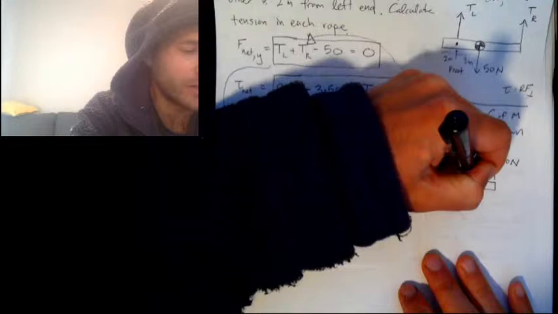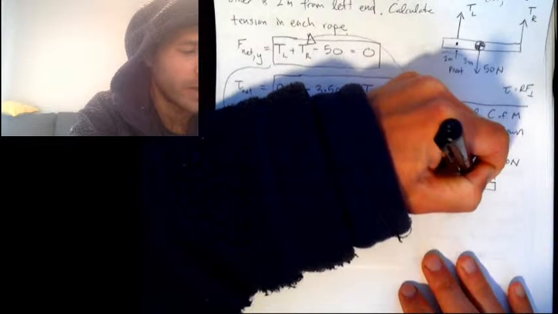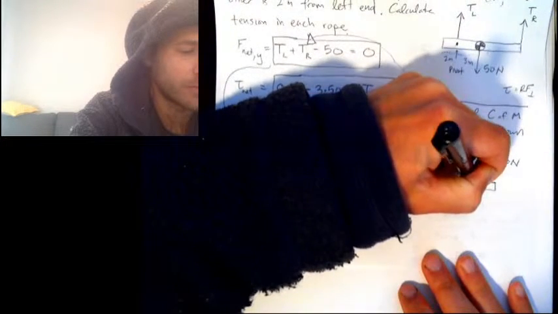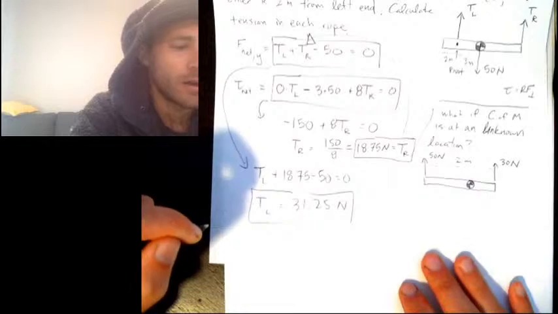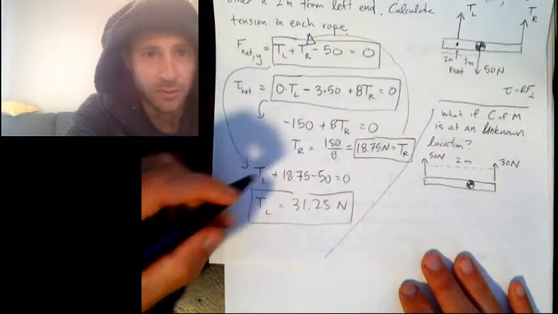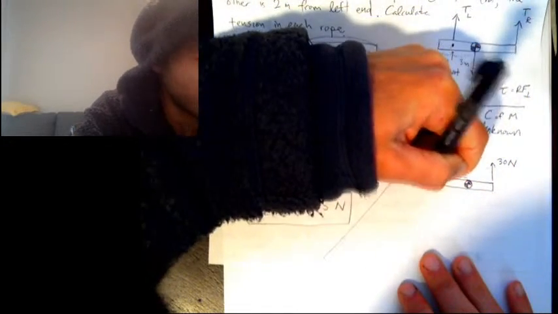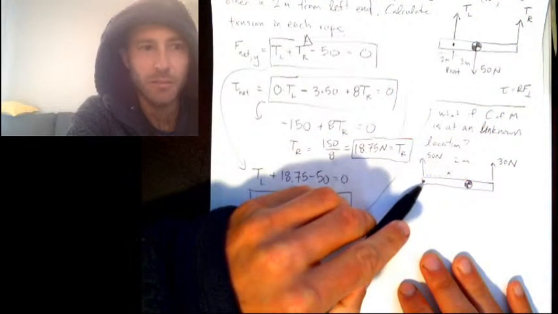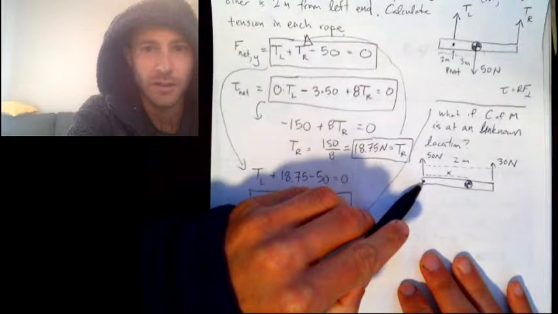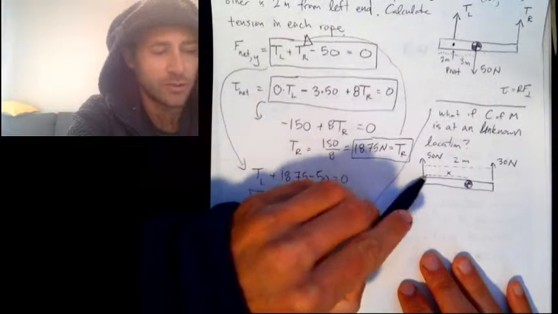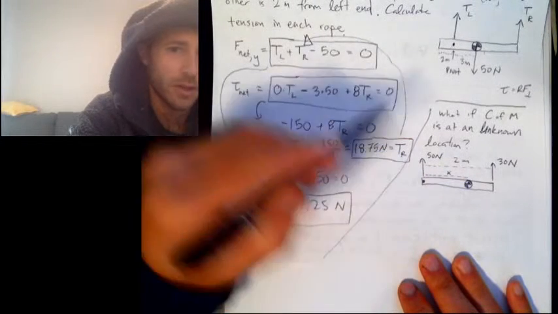So we know that there's a gravitational force acting from the center of mass. All right. We just don't know where it is. So let's just go ahead and give it a variable. Let's just call it x. So I'm going to say that the gravitational torque is, I'm taking my pivot to be the left end, and the center of mass is just some distance x from the left end.